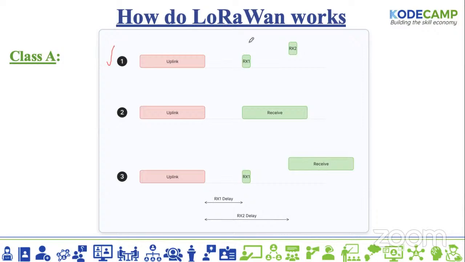It opens this receive window and this receive window, but it doesn't receive the downlink at either window. There are going to be delays between them, so this one is going to receive first before this other one receives.